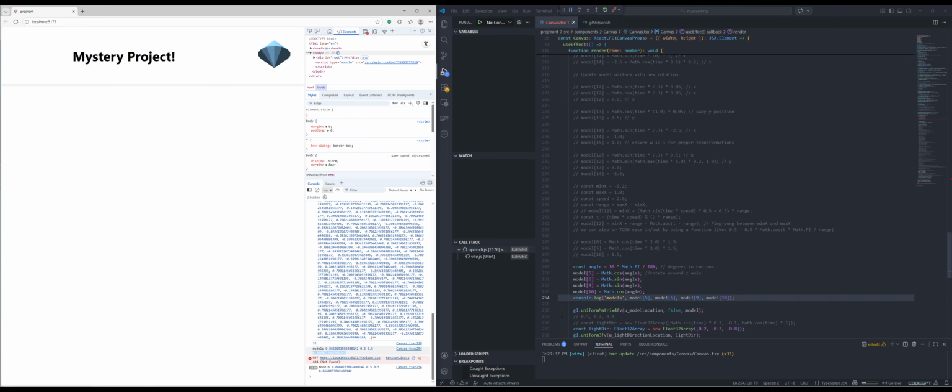So we're changing only model 5, which is cosine. Wait a second. No. We're not changing model 5.